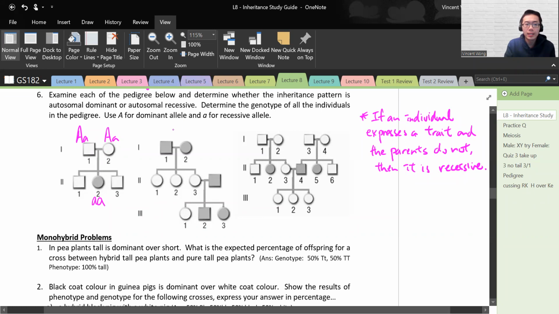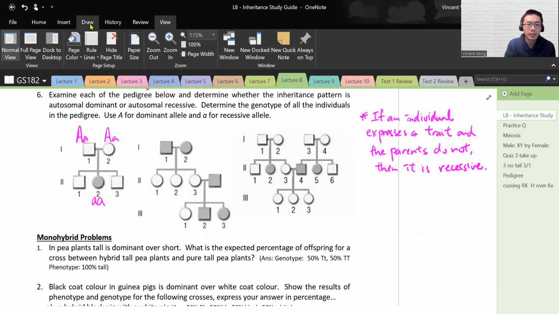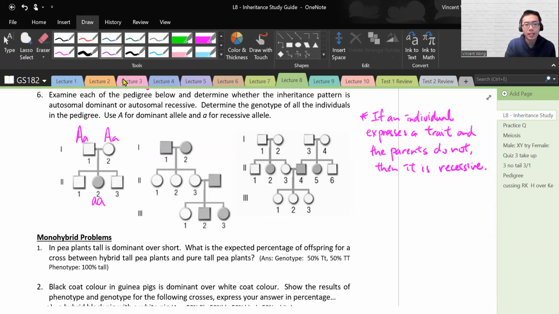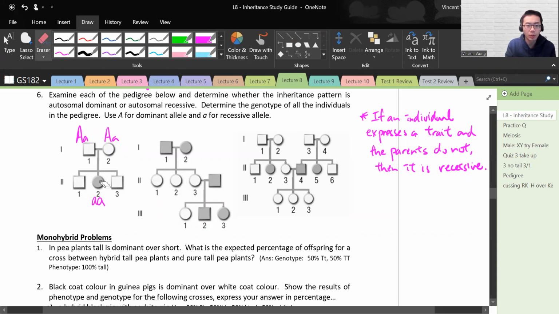How do we know it is not dominant? Okay. So let's for a second think about what dominant would look like. If this trait is dominant, that means there must be at least one capital A, right? It could be big A, big A, or big A, small a. We're not sure. But the fact that there is a big A means at least one of the parents would also have a big A. And if it's a dominant condition, then at least one of the parents would also have the trait, right?